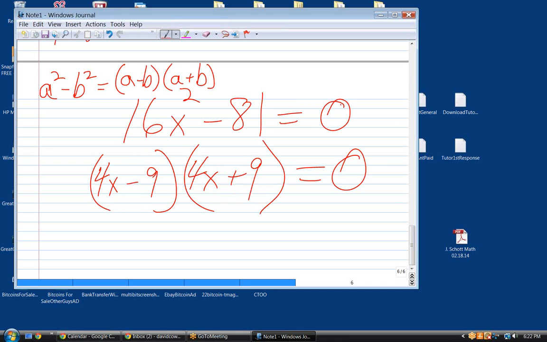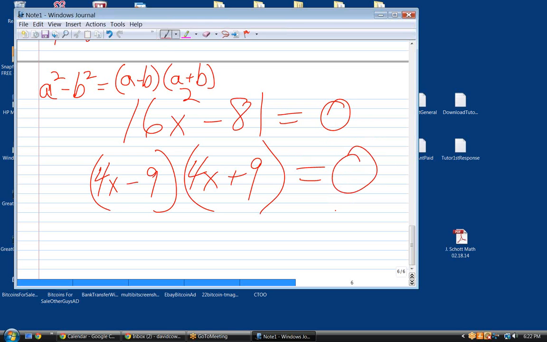There's a reason we make 0 on the other side as opposed to a number. If this thing multiplied by this thing was equal to 1, I couldn't solve it. If it was equal to 3, I couldn't solve it. There's only one thing it can be equal to that allows me to solve it. 0.